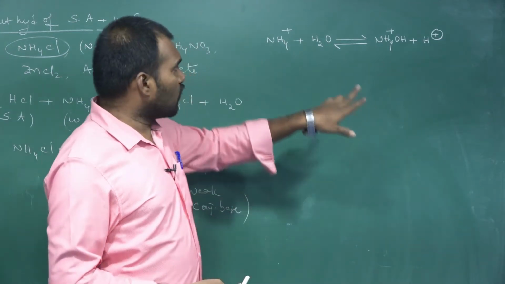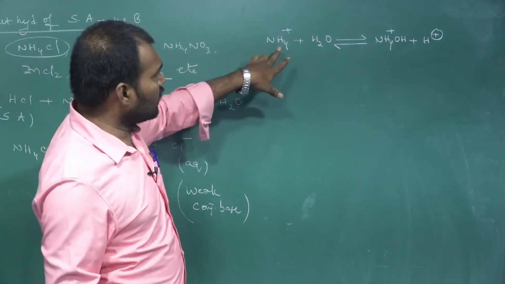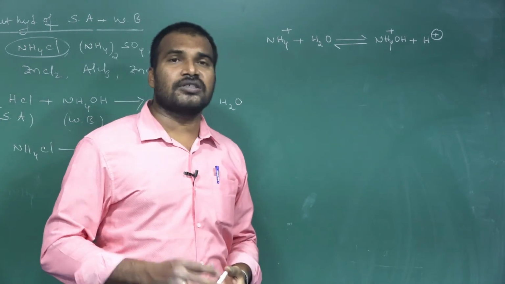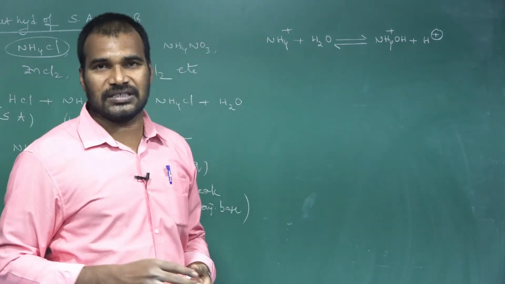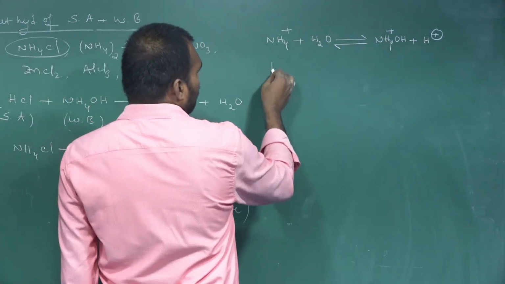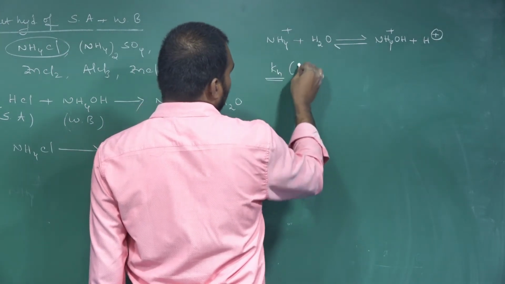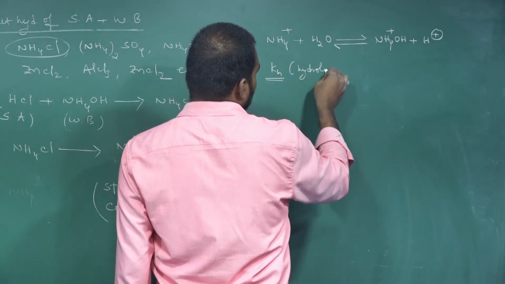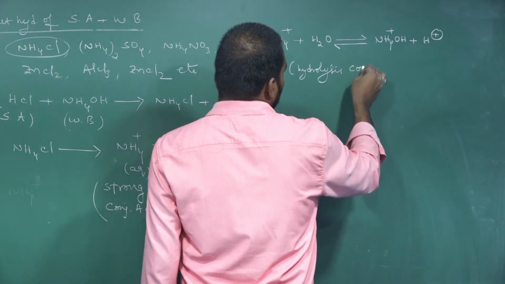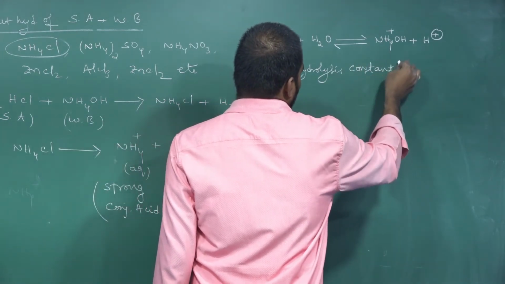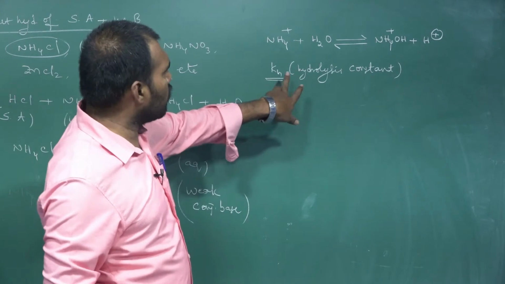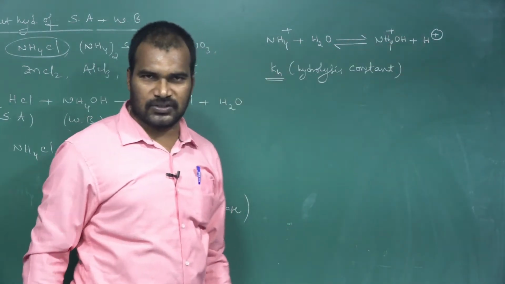So the equilibrium constant of this salt hydrolysis we call what? The hydrolysis constant. So what is KH here? KH is nothing but the hydrolysis constant, the equilibrium constant of salt hydrolysis.